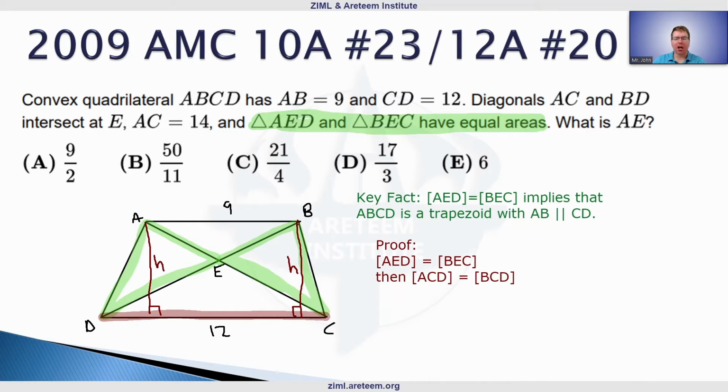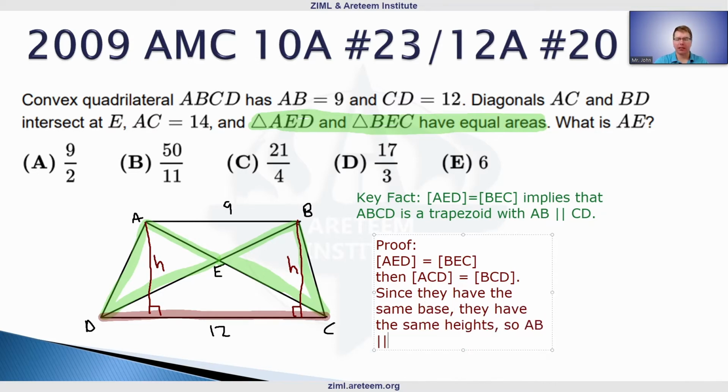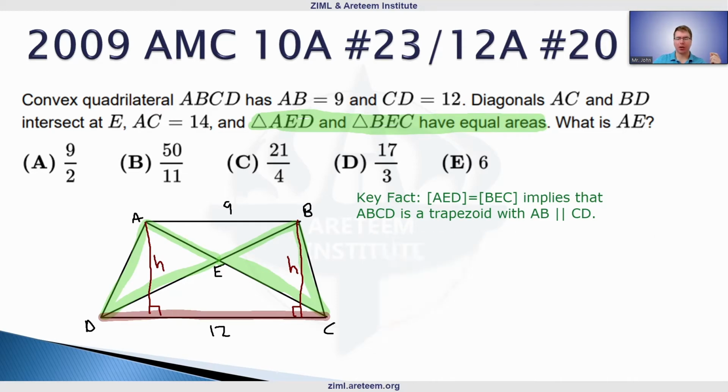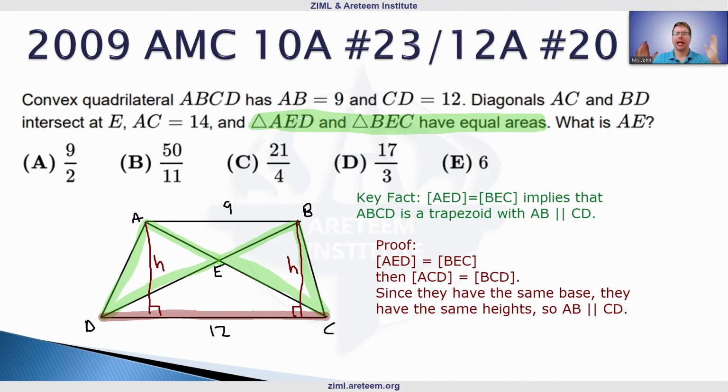Those things are equal. So since they have the same base, they have the same heights, so AB is parallel to CD. This is really giving us our key fact there. Anytime you have two lines that aren't getting closer to each other, they have to be parallel. So that gives us our setup, and that proves our key fact.